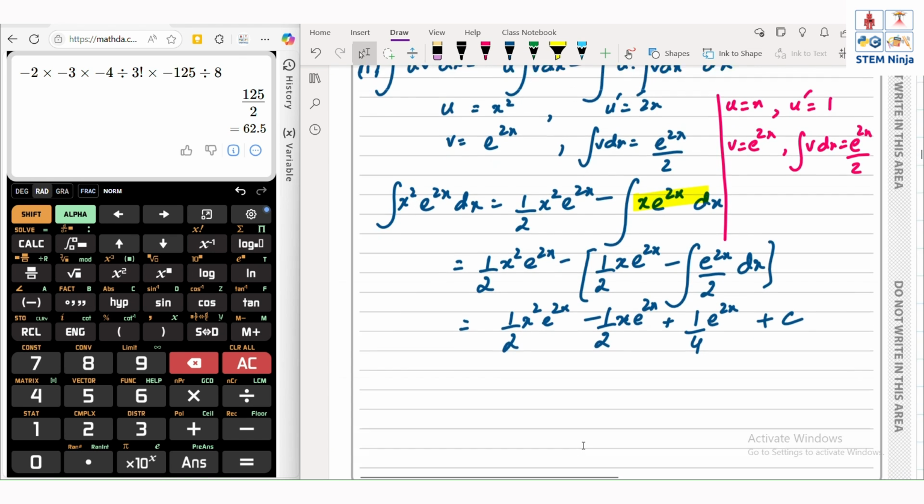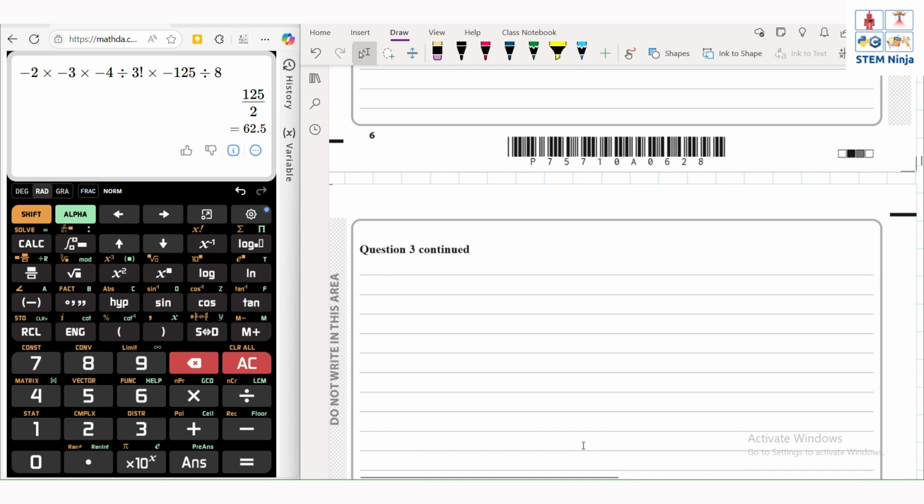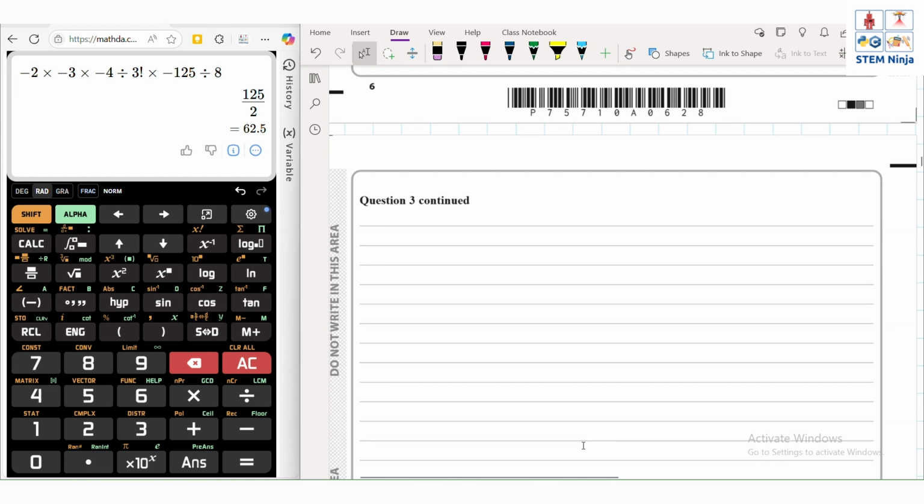Now, let's see the same thing with the table method or the DI method, whichever one you want to call it. In the first column, we select the U, and in the second column, we choose the V. That means in the first column, we start with the U, which is our x squared, and we differentiate it until we get a 0.